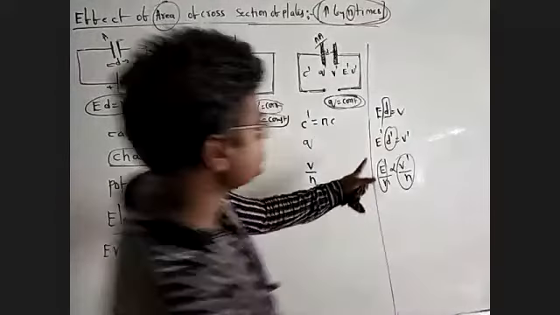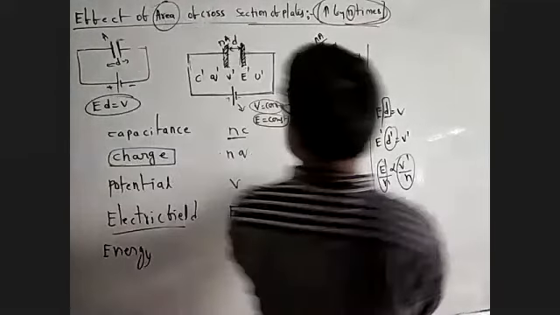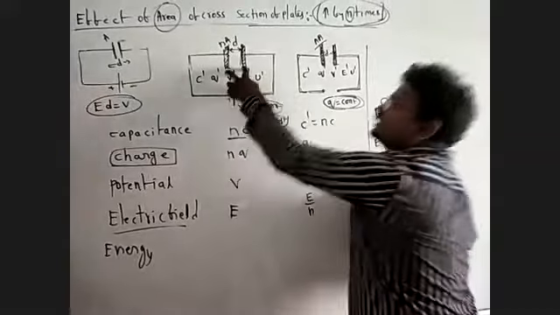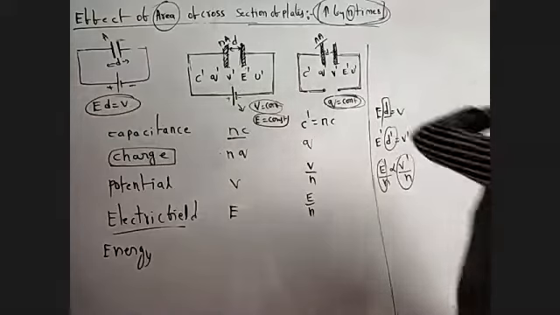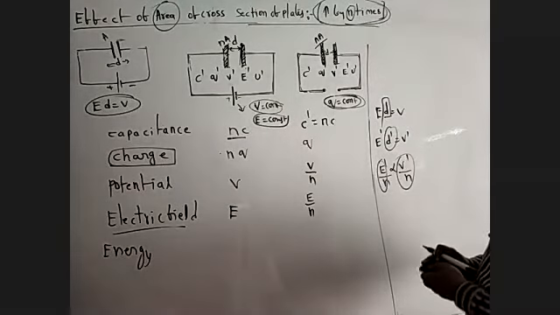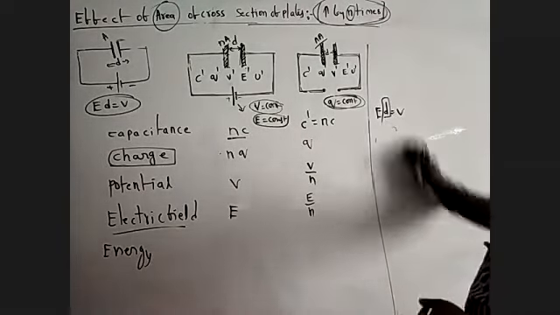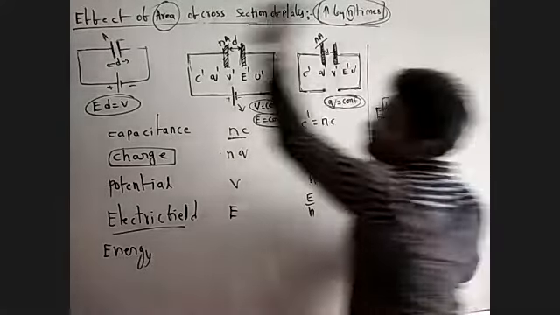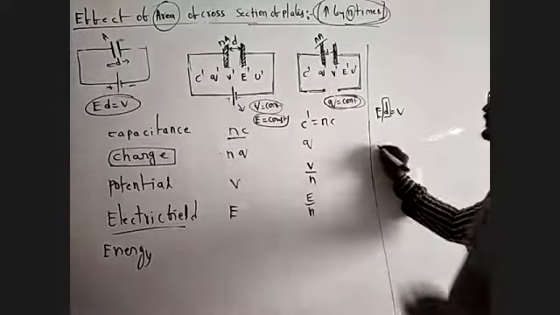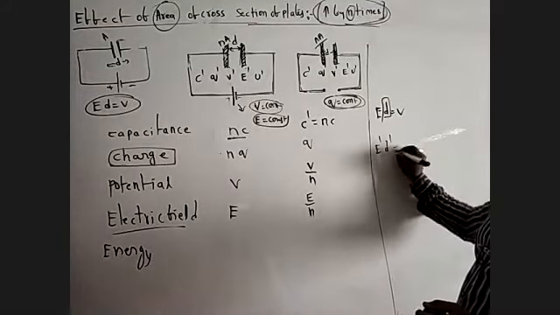What is the relation? The distance between the two plates is constant, so d is constant. We have the relation E is equal to V by d. For this one, E dash, d dash, V dash.